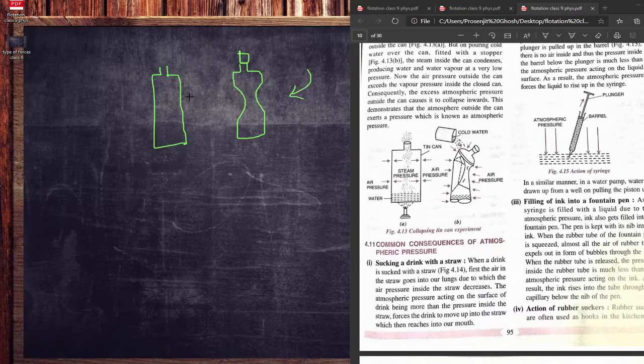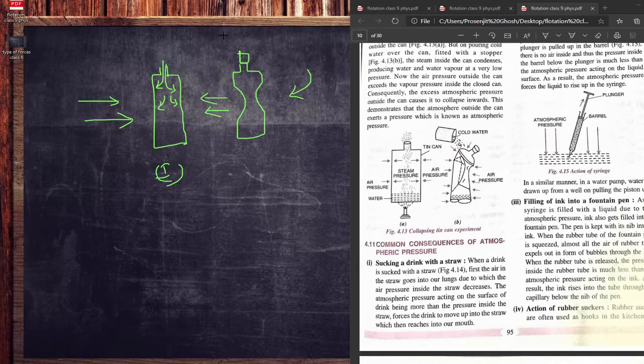Why? Because the atmospheric pressure outside and inside is the same in the first condition. The bottle is open, so both inside and outside the bottle, the same air is present with the same pressure.